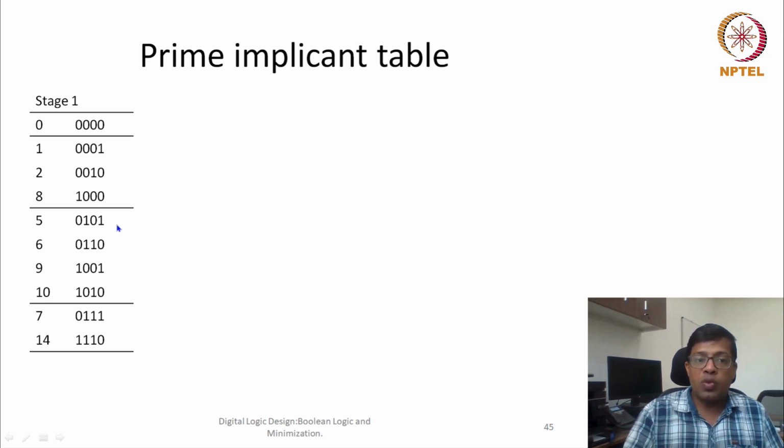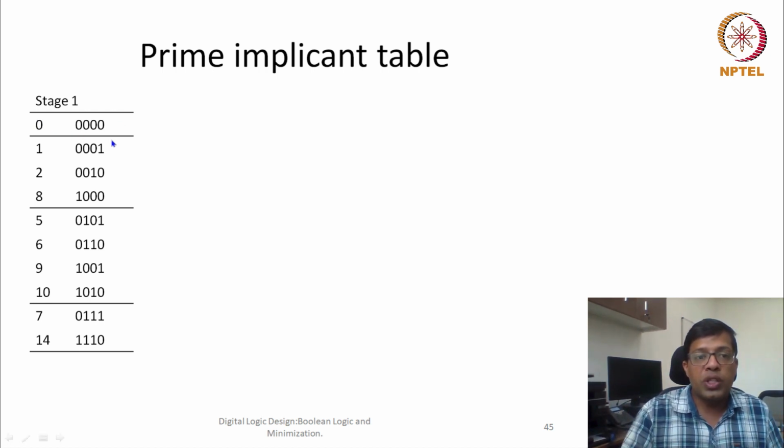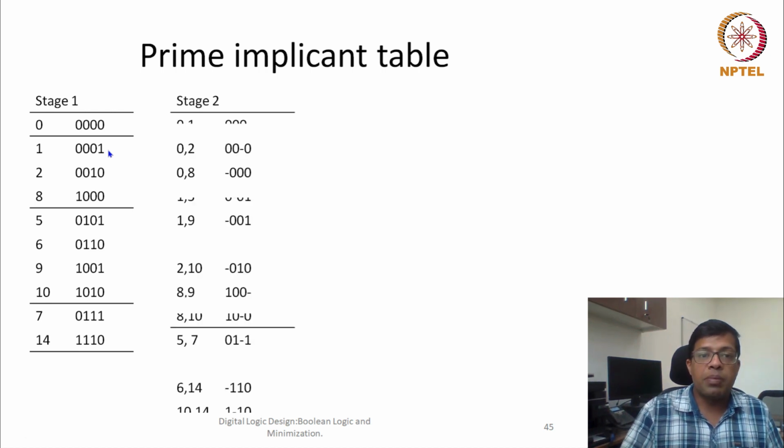Group 2 means two ones, group 3 means three ones in each min term. Now to generate the pairs for the second stage, we will compare group 0 with group 1, and for the terms which can be reduced, we will replace the differing bit with a dash.